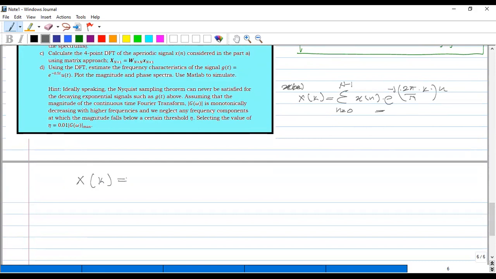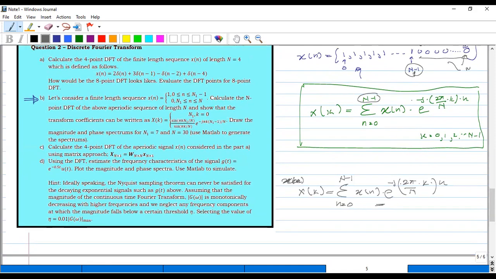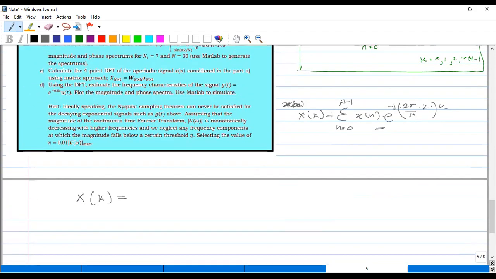X[k] is equal to, you can see that this x[n] is 1 up to N1 minus 1, and the others will be 0. So we have to calculate actually only up to that value, because the others will be 0.